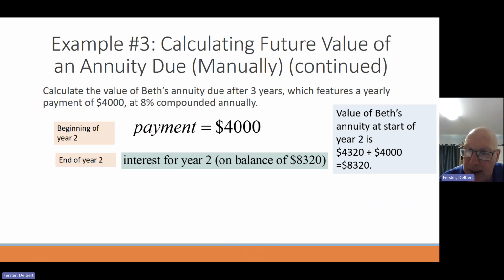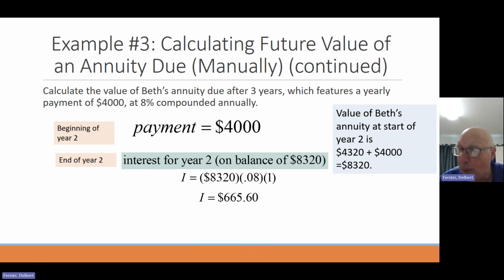So here comes the calculation for her interest on that balance of $8,320. You notice it's $8,320 times 0.08 times 1 for the second of the 3 years. And she earns on that balance interest of $665.60. So let's talk about what happens at the end of year 2 for Beth's balance.